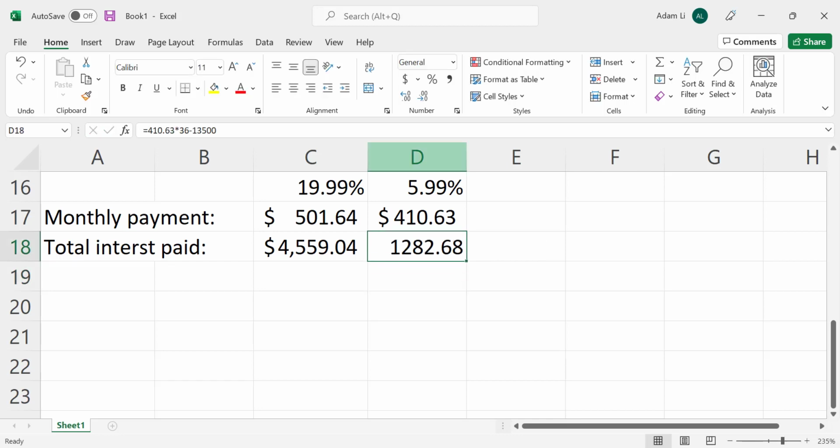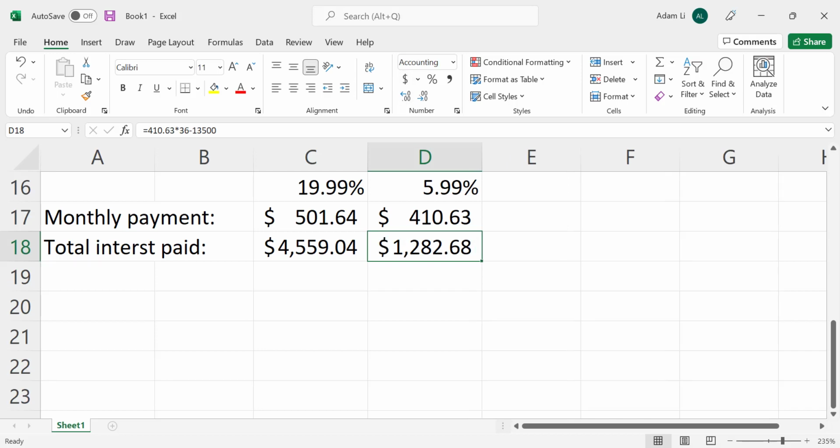As you can see, it's much lower. So basically you're saving about $3,300 by switching to a new credit card, right? Which is a lot better off. You're saving a lot of money by switching the cards.